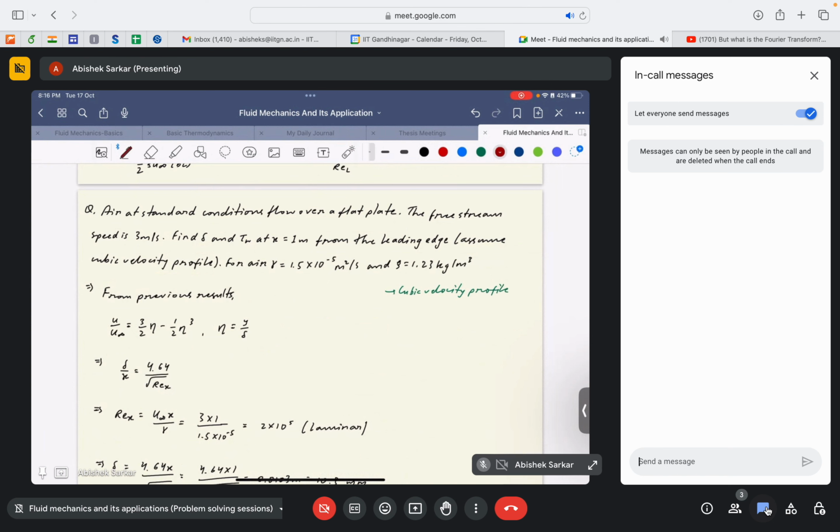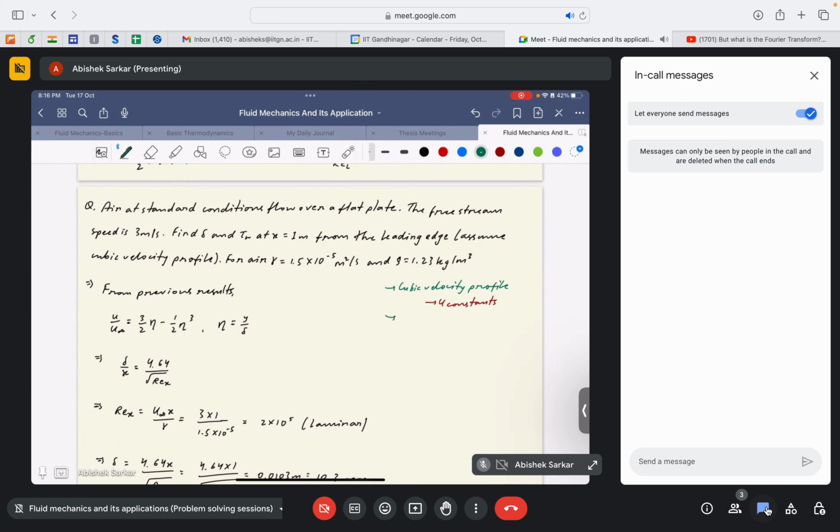There will be 4 constants. Then apply the appropriate boundary conditions. Again, this is important: there must be a physical meaning behind the boundary conditions.